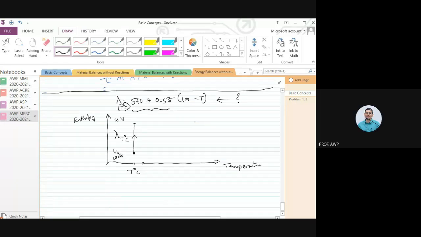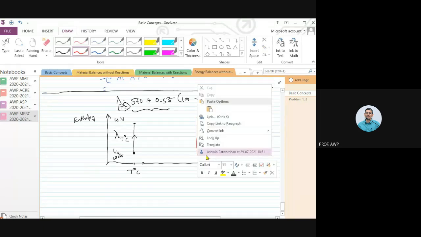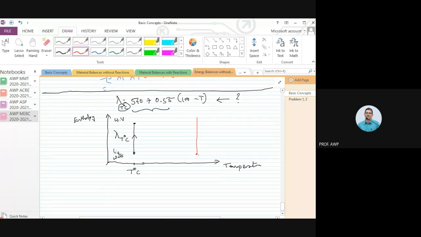What we do know is we know the latent heat at 100 degrees centigrade, right? So at 100 degrees centigrade, if I have liquid water and if I have water vapor, this temperature is 100 degrees centigrade. We know that this lambda is 540 kilocalories per kg, right?